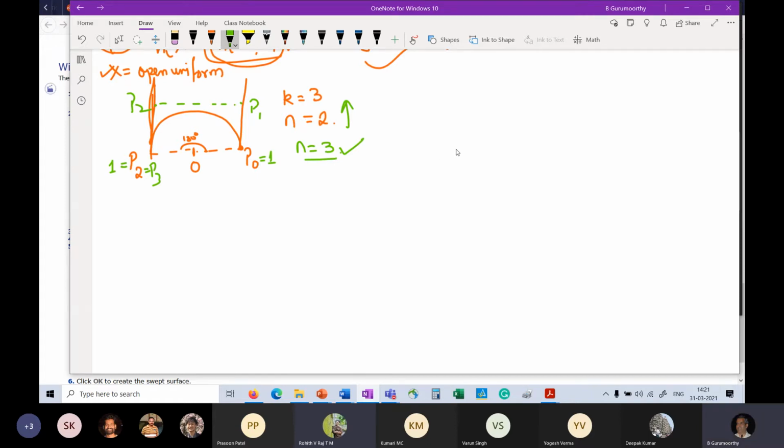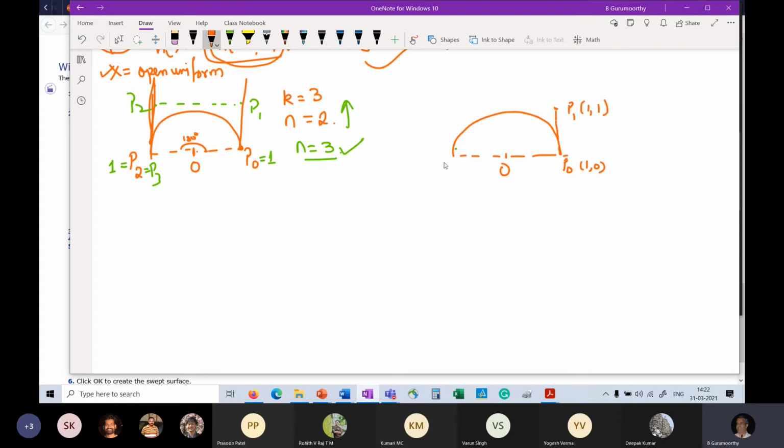Let me draw that picture here separately. So again, a horrible looking semicircle, and that's the center. So I have P0, which is, as you said, I know the radius, so this is 1, 0, and I mark this as P1. This is 1, 1, right?